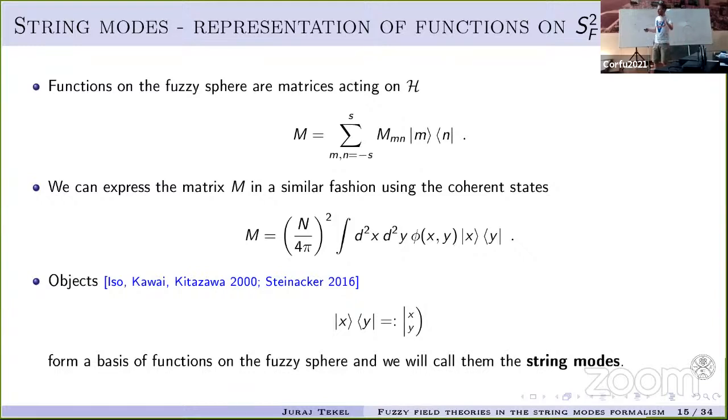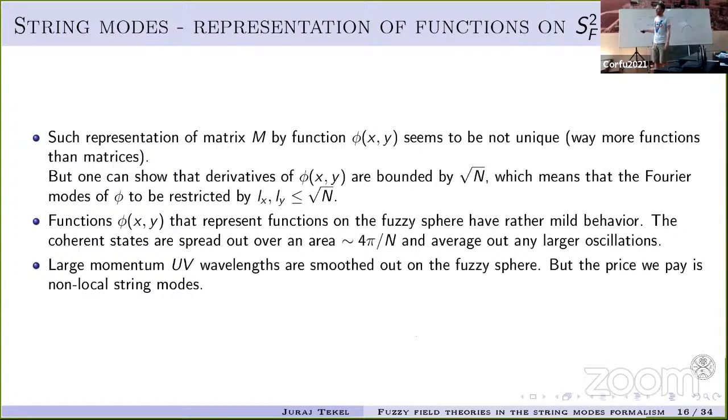And you can restrict yourself to functions φ that are very mildly changing. So there are basically no oscillations in φ(x,y) that represents the matrix M, which is different from the symbol φ(x) that I showed you a couple of slides before.